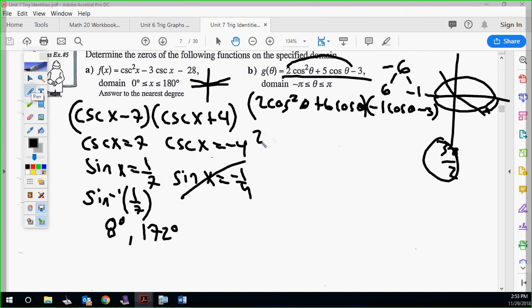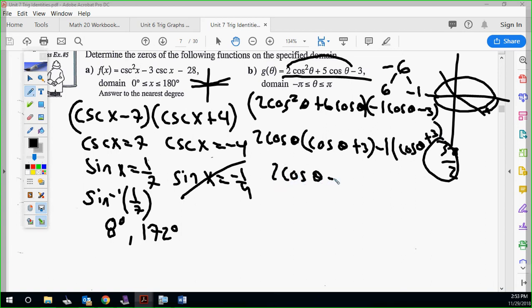We have a cos theta and a 3 in. Take a -1 out. We got a cos theta and a 3. Sorry, I'm writing crooked there. So it turns out to be 2 cos theta minus 1 and cos theta plus 3.